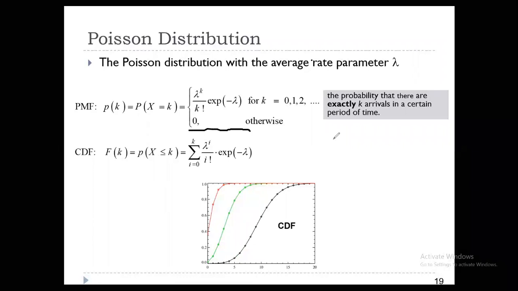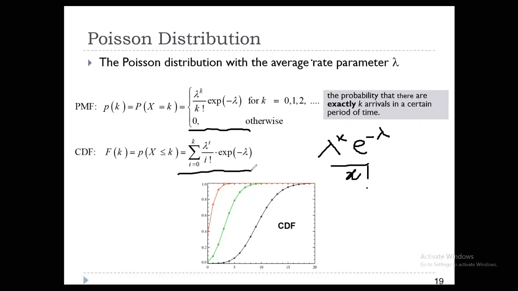Some books will write k in terms of x, so you see lambda raised to the power x, e raised to the power negative lambda, over x factorial, which is the same thing, where n is the number of arrivals. Very good.